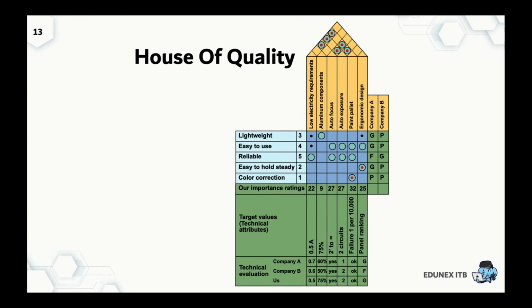How to calculate the importance rating is simply the multiplication between the rating coming from the customer multiplied by this relationship.